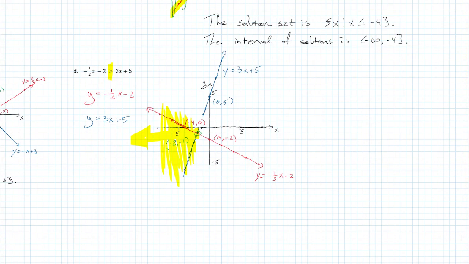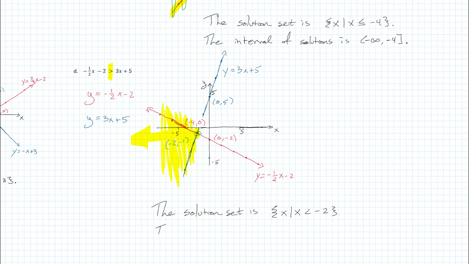That being the case, we want to say that the solutions are all the x values that are less than negative 2. So we can say the solution set is the set of x values such that x is less than negative 2.